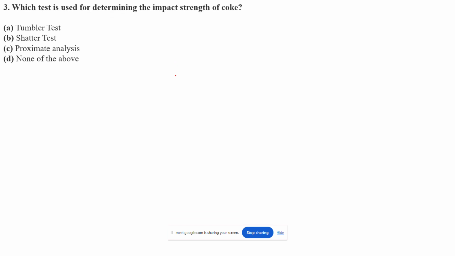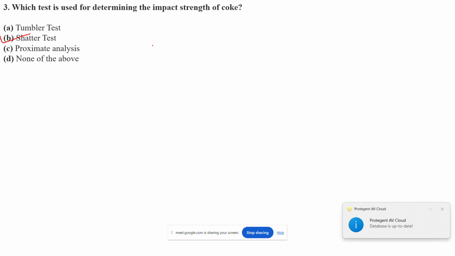Then coming to the next question, which test is used for determining the impact strength of coke? Tumbler test, Satter test, proximate analysis, or none of the above. So for determining the impact strength, we generally go with the Satter test for determining the strength of the coke which we have produced via the coke battery ovens.